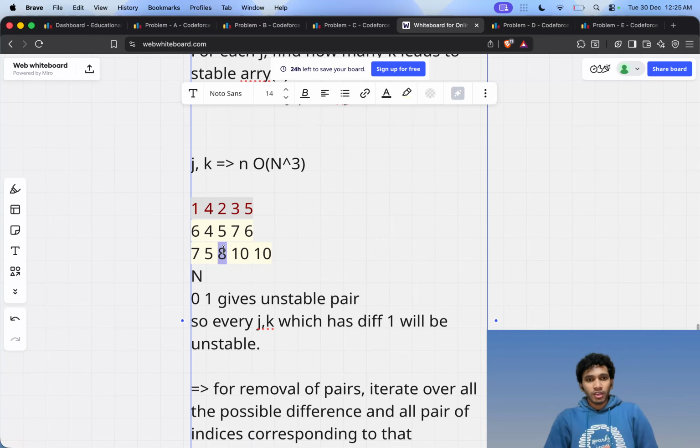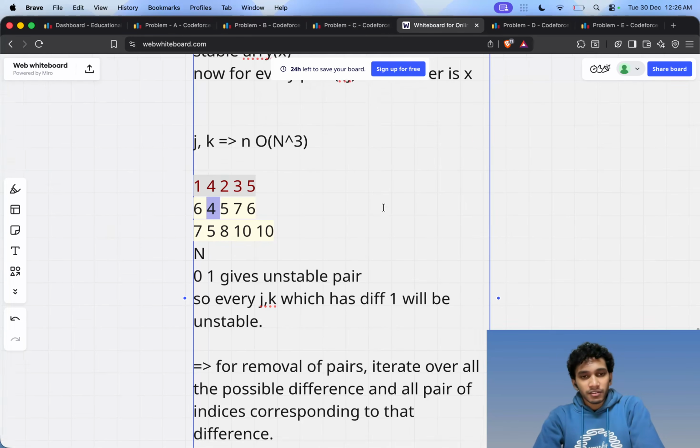This is the choice of J, and we found that later on with this difference we found an unstable pair. So this possible pair will not be correct. Similarly, this possible pair will also not be correct, because the difference is 3, so this is also not correct. So reduce 1 from the choices of K we have for each J.